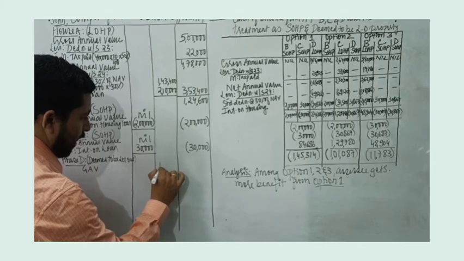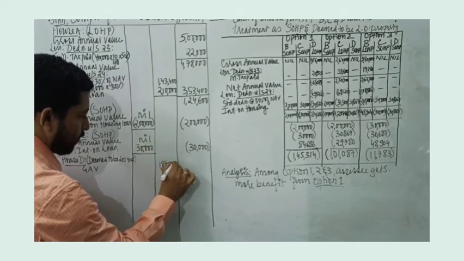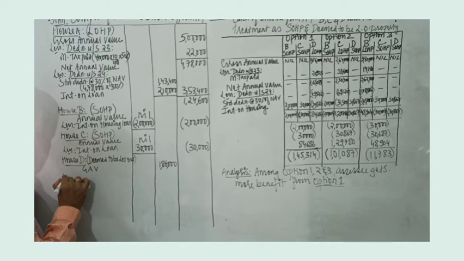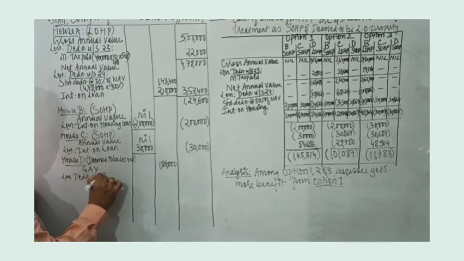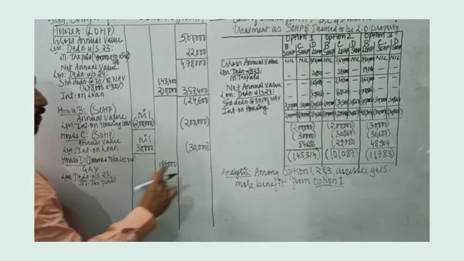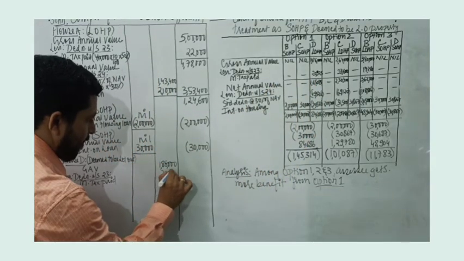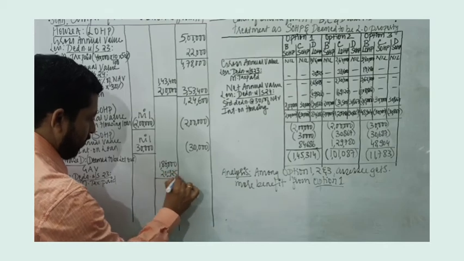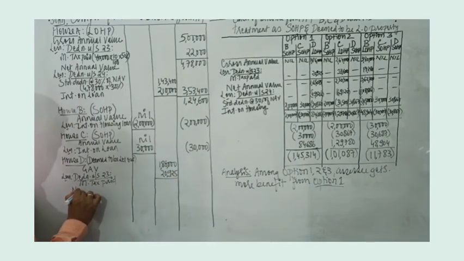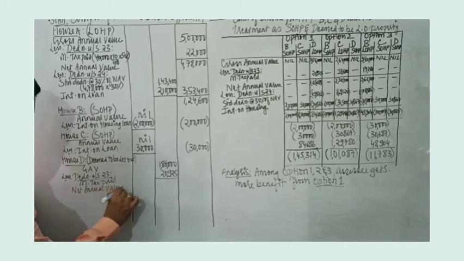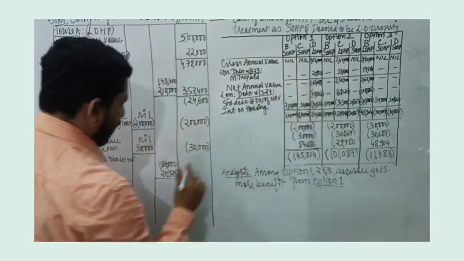So I will record 1,86,000 here, GAV, less deduction under section 23, that is for municipal tax paid. All these numbers we have already calculated, so we don't have to calculate again. We need to just fill in. It is 20,925. We get net annual value. Net annual value is also calculated.